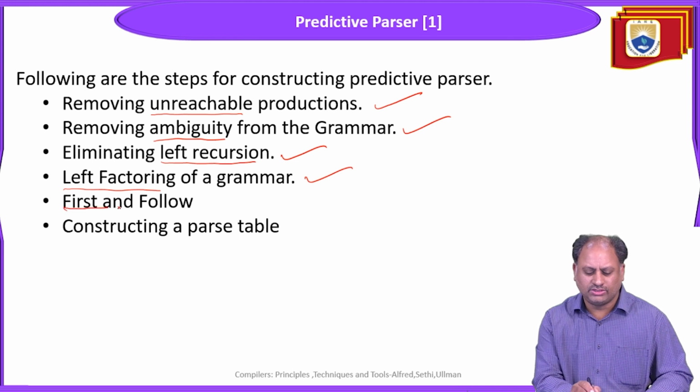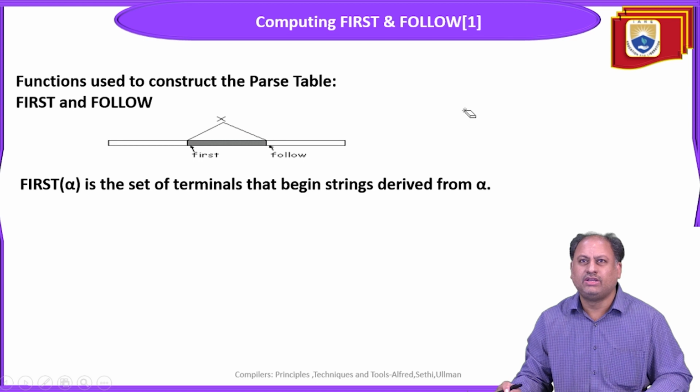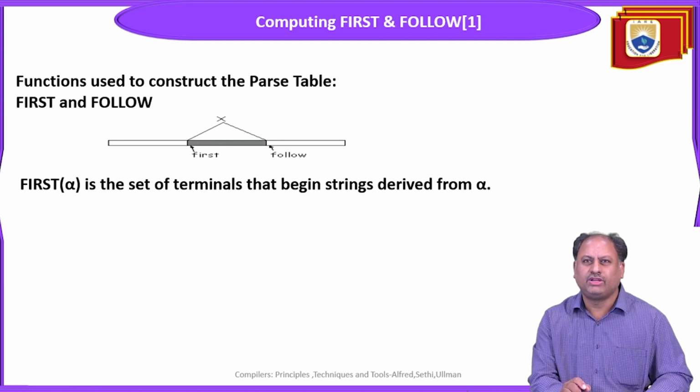Now here we will see the computations such as first and follow. Later we are going to construct the parse table. First, we will see the definitions of first and follow. We know that first is what comes at the beginning, and follow is what occurs next, following the variable or the terminal.